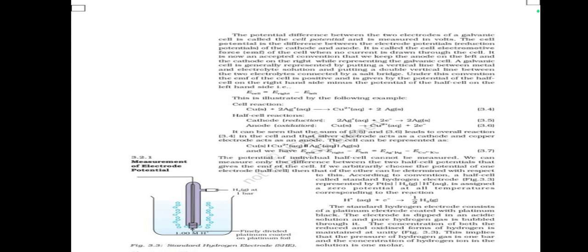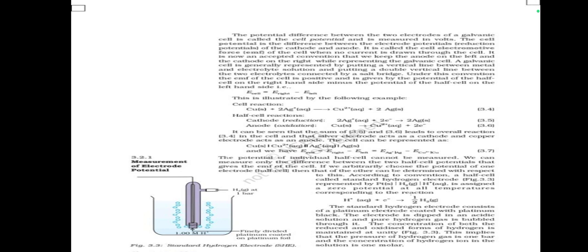Under this convention, the EMF of the cell is positive and is given by the potential of the half cell on the right hand side minus the potential of the half cell on the left hand side. E cell is equal to E right minus E left.